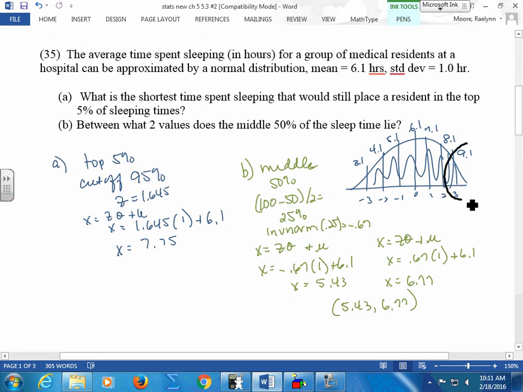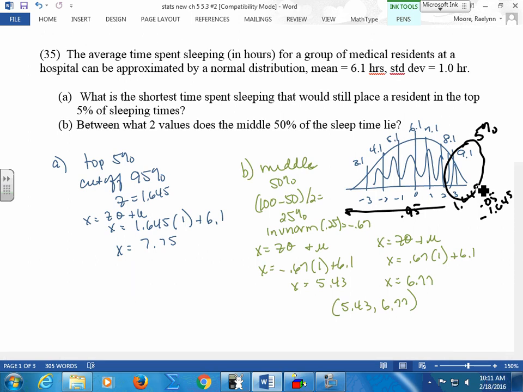If you want this to be 5%, then you're looking up 95%. If you looked up 5% and you got a negative, all you have to do is turn this into the positive, because your curve is symmetric. So everybody okay with that part? Finding that z-score? Top 5. Remember, your top 5 is up here. It's got to be pretty high up there.